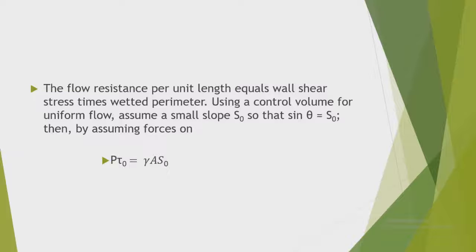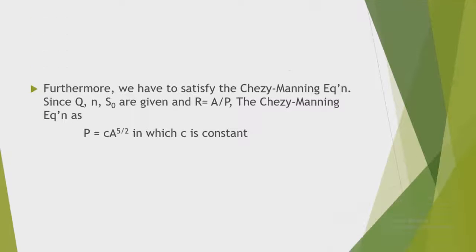The flow resistance per unit length equals wall shear stress times wetted perimeter. Using a control volume for uniform flow, we get this equation. Furthermore, we have to satisfy the Chézy-Manning equation, since flow, Manning coefficient, and slope are given and hydraulic radius equals area over wetted perimeter. The Chézy-Manning equation is given in this formula.